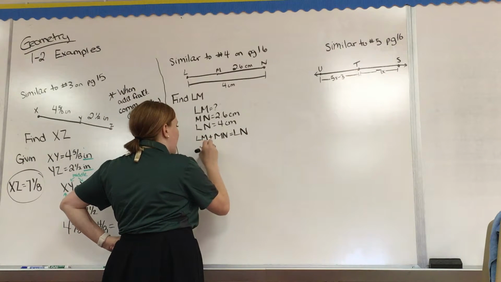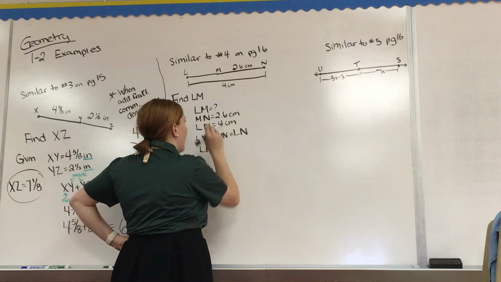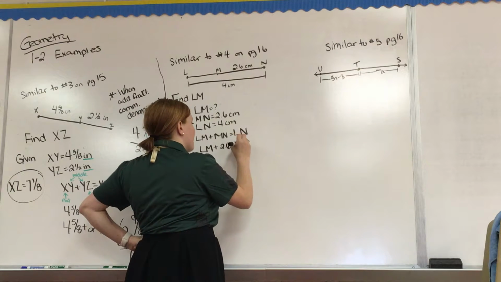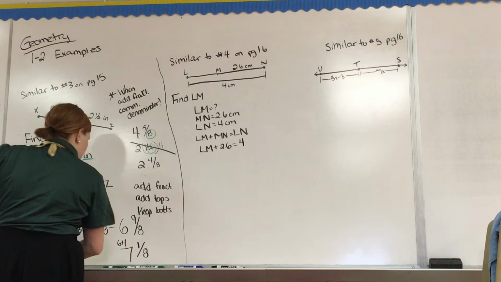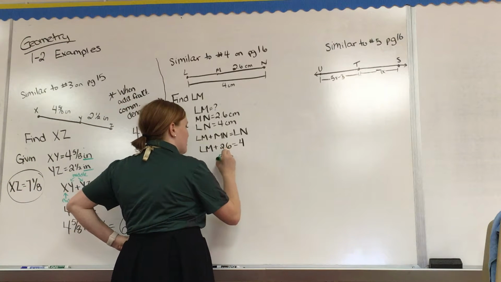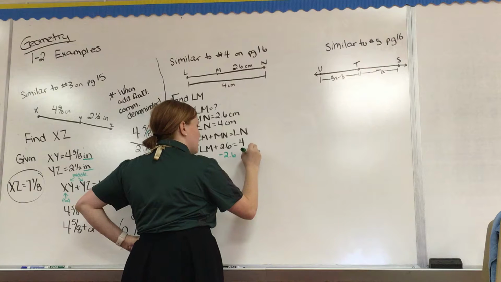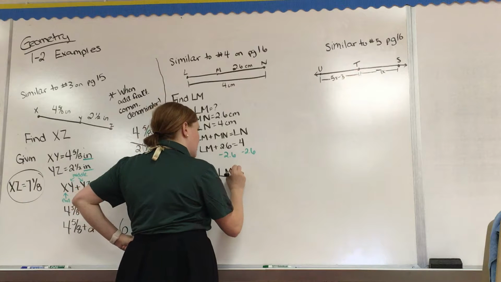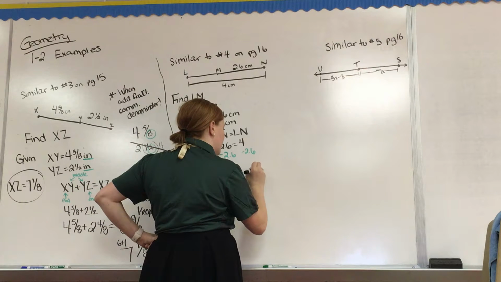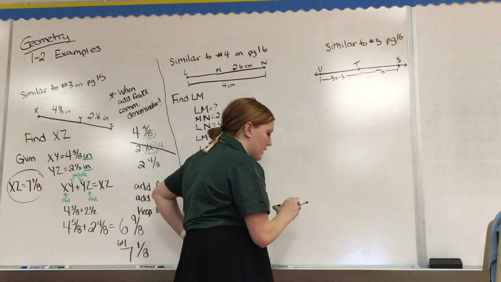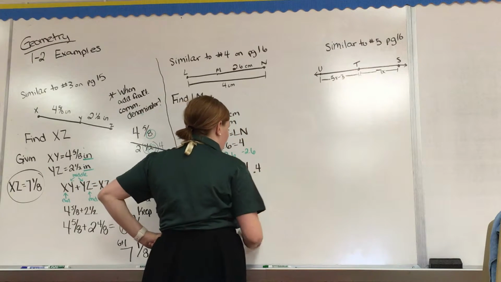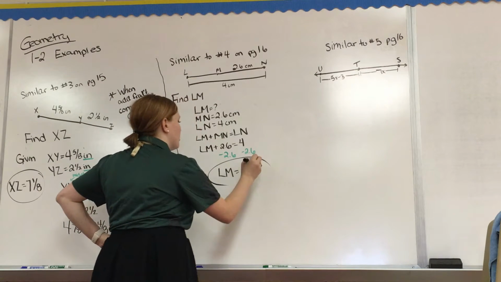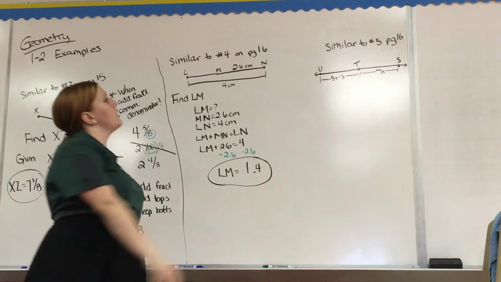So we have LM, as in moose, plus 2.6 equals 4. You guys know how to do this? We are going to subtract 2.6 from both sides. We get LM equals 1.4, right? Everyone get that? Circle it. You're done! Woohoo!